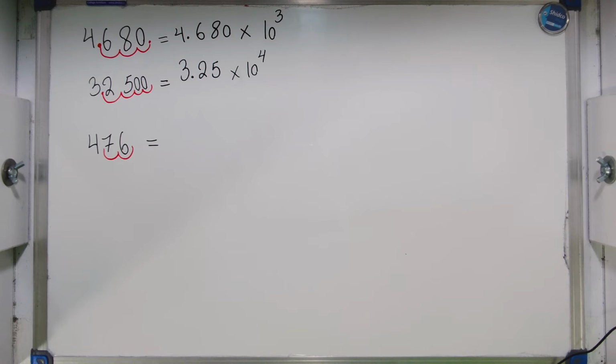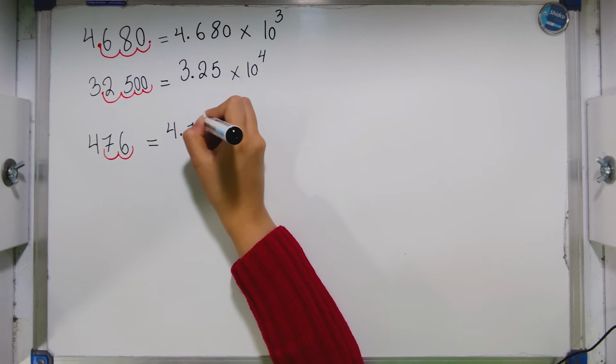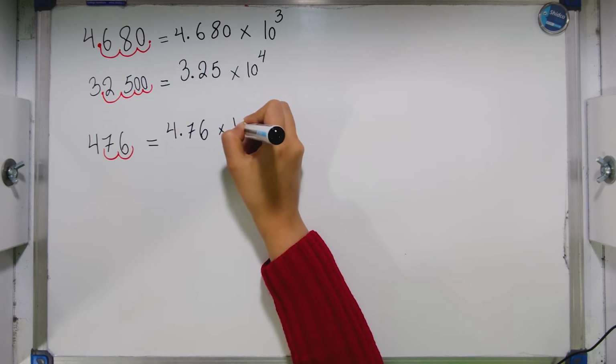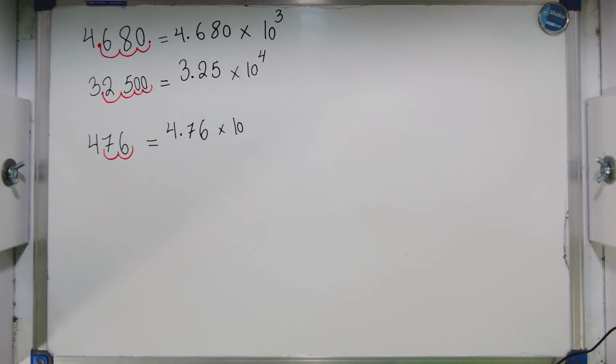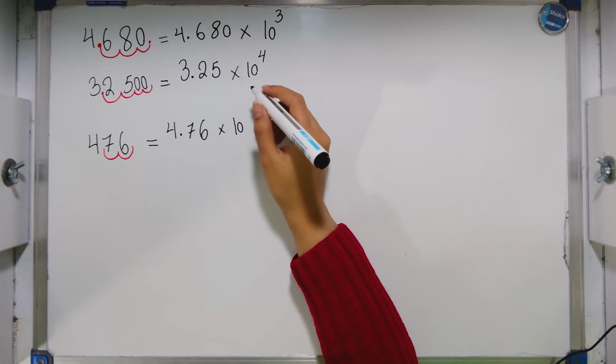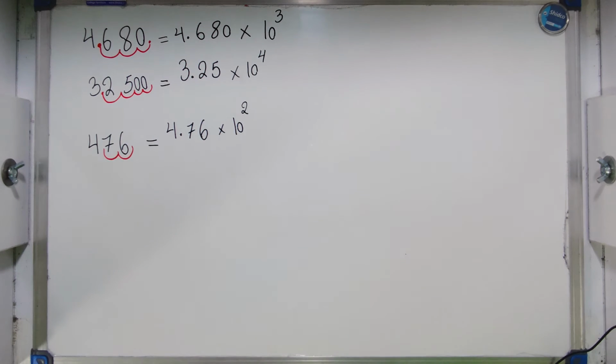So now it is 4.76 times 10 to the power, because it's a big number, I put a positive exponent for 10. So I write 2. I have moved the decimal by 2 digits. So try these examples and change them from standard form to scientific notation.